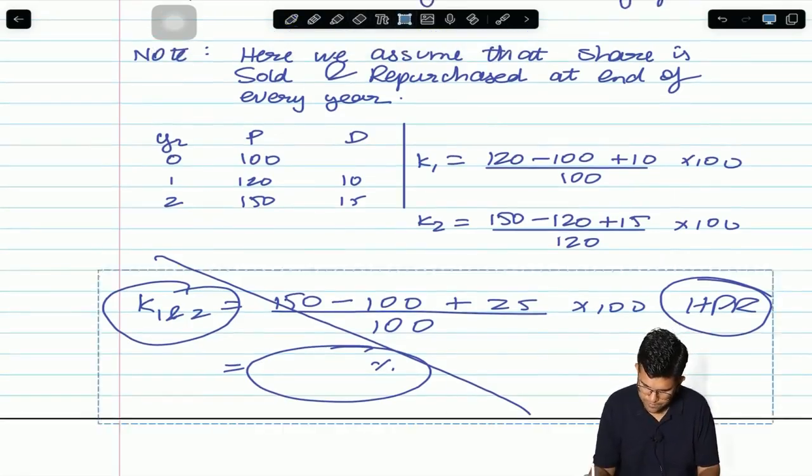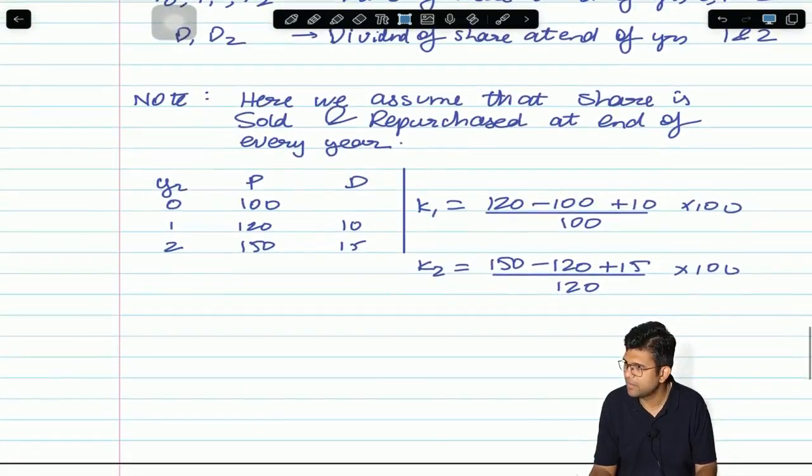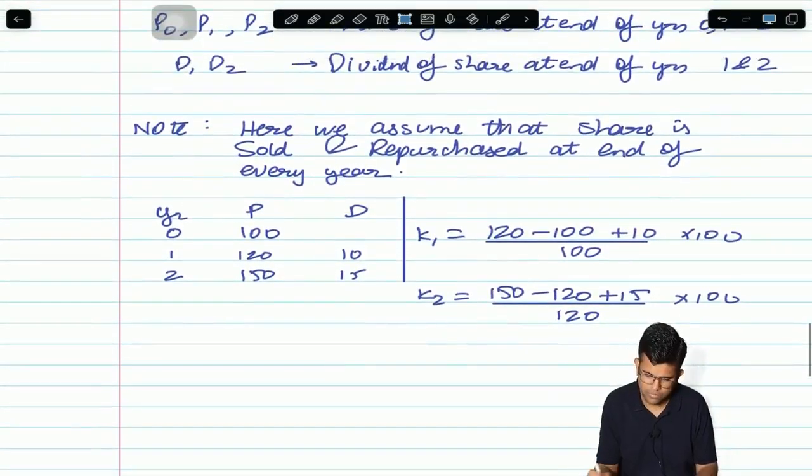Okay. You want to write this note and this example or something like that? Write it down. No problem.